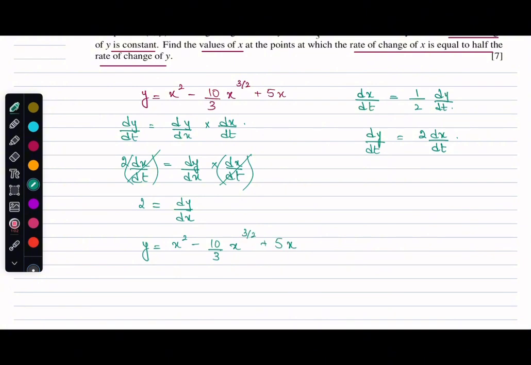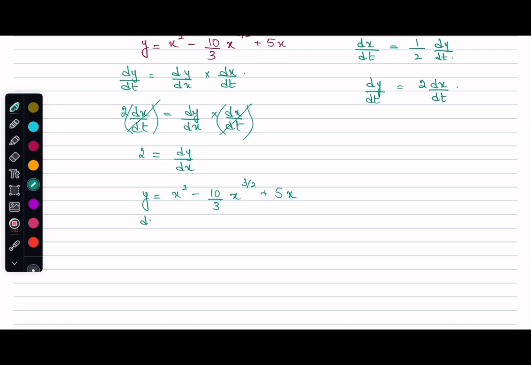I can get the differential of y with respect to x as 2x minus 3 by 2 times 10 by 3, and x reduced from 3 by 2 to 1 by 2, and plus 5x shall be reduced to just a 5 here.